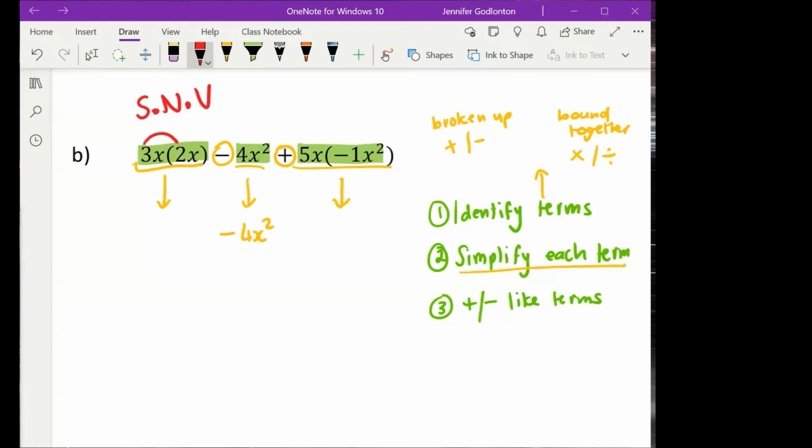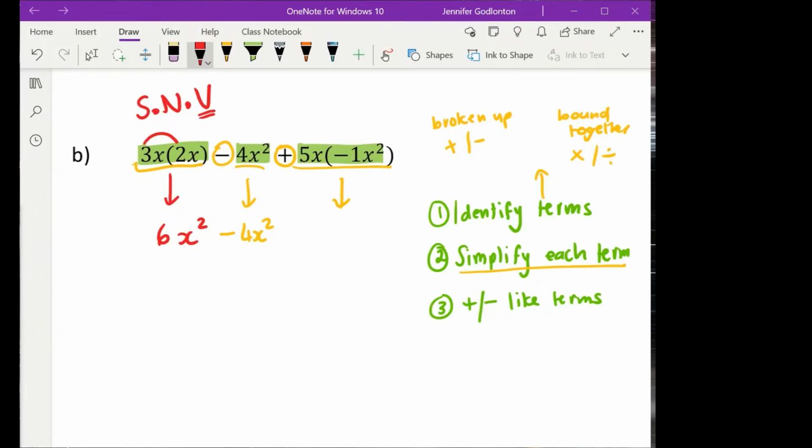Numbers: 3 times 2 is 6. And remember, it's a multiply because there's a bracket involved. And then our variables: x times x is x squared. So that is what this first term is going to simplify down to: the 3 times 2 gives us a 6, and the x times x gives us the x squared.